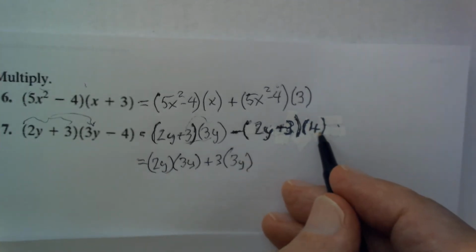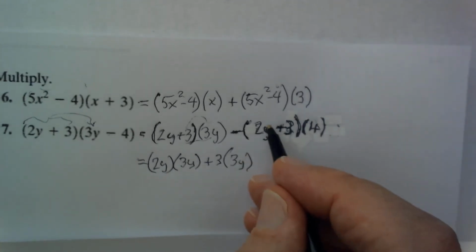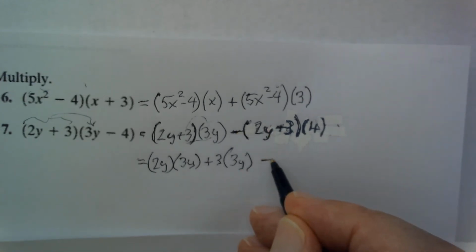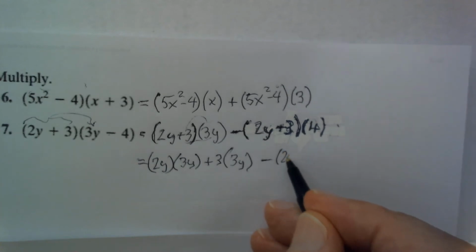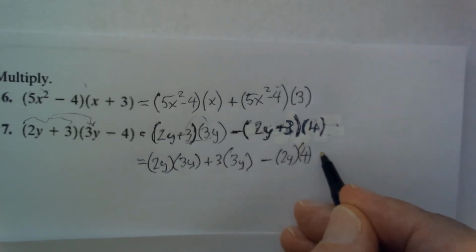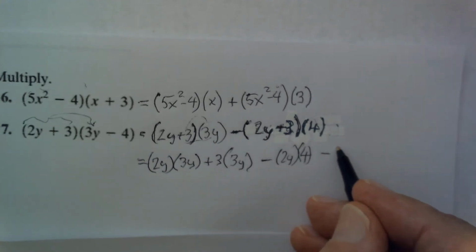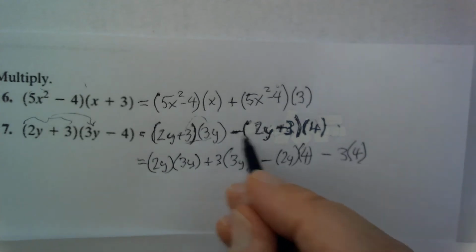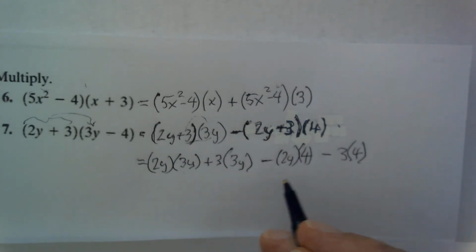And now we have 4 times 2y, but with a minus sign, so minus 2y times 4, minus 3 times 4. The minus goes to both terms.